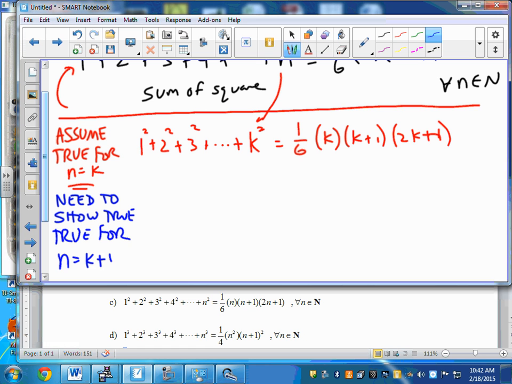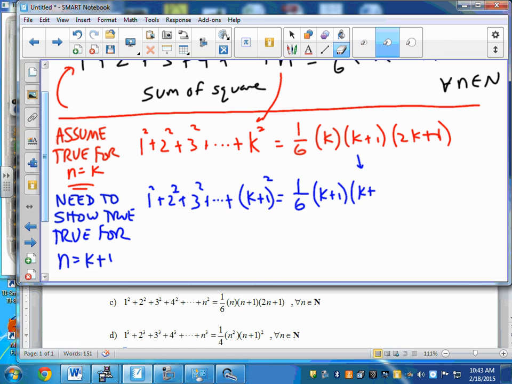We want to show that 1 squared plus 2 squared plus 3 squared plus dot, dot, dot, plus now the successor is going to be (k plus 1) squared. Make sure you wrap that in parentheses. 1/6 stays 1/6. This k becomes k plus 1. This k plus 1 becomes k plus 1 plus 1. And yes, I know you could write that as k plus 2. And let me just go ahead and write down k plus 1 plus 1.